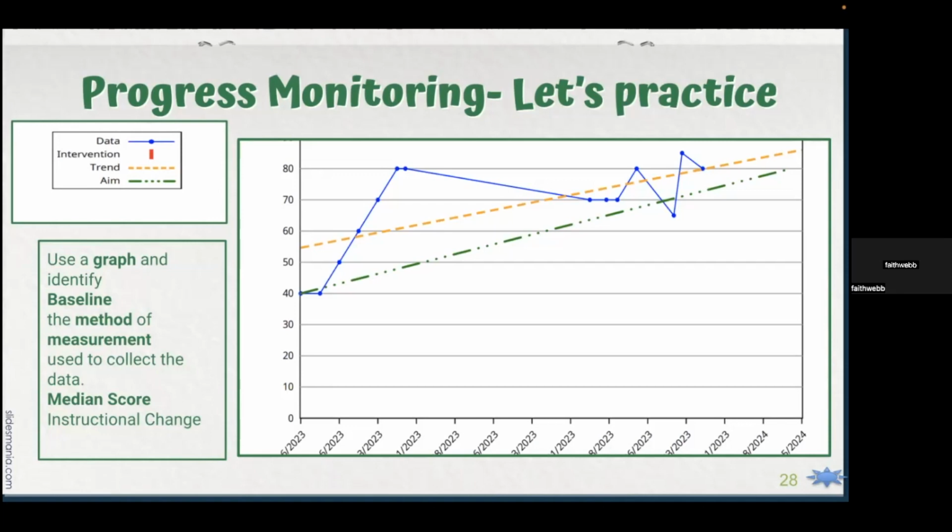So it's too low. Yeah, it's too easy for the student, isn't it? If you start to see those data points way up there, he's already at 80 and we're just trying to get to 70, right? So as we analyze that, we'd say, okay, what do we need to do here? So what would you think you needed to do, Faith, right there, if you were the practitioner here?